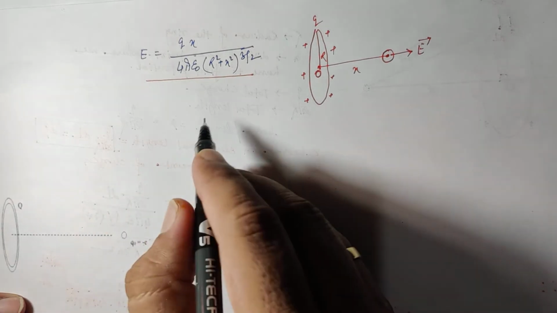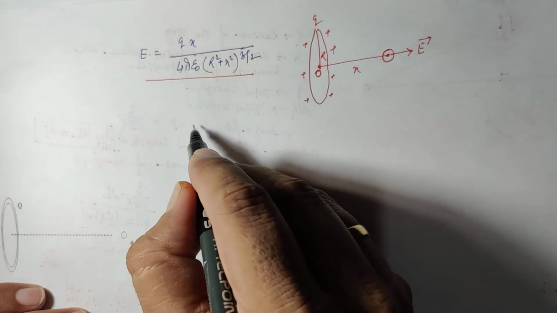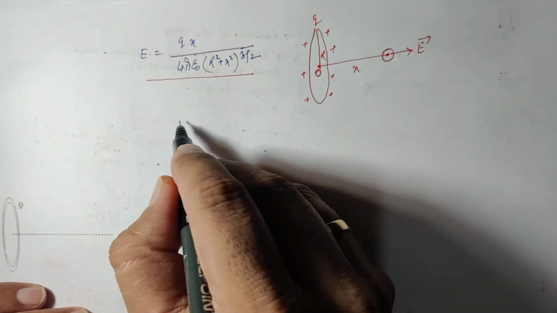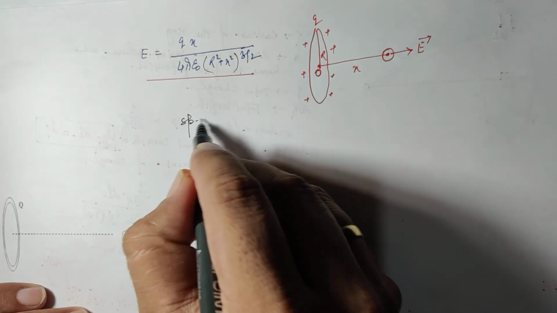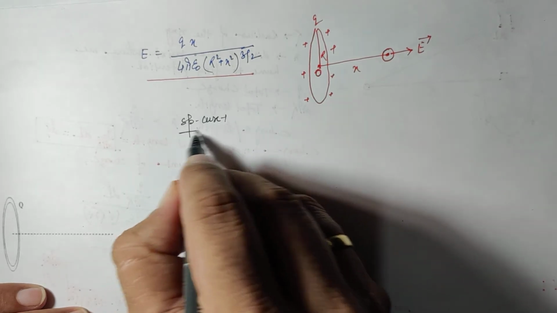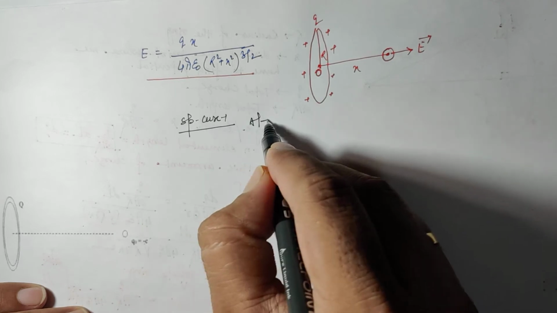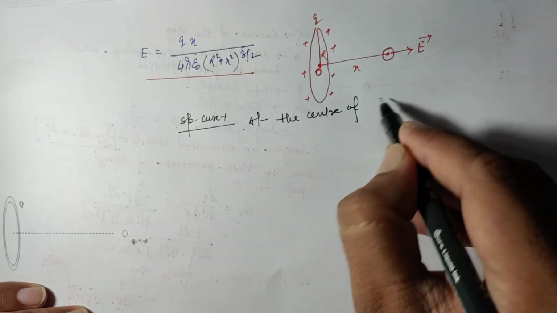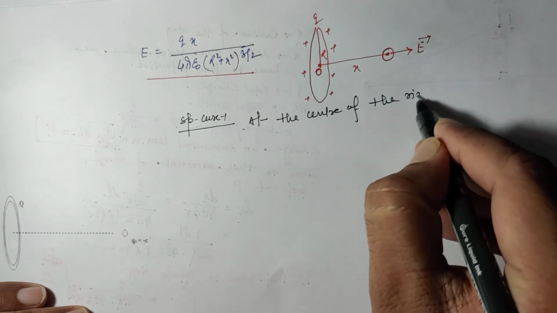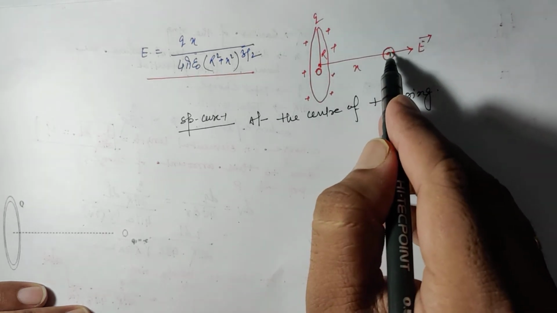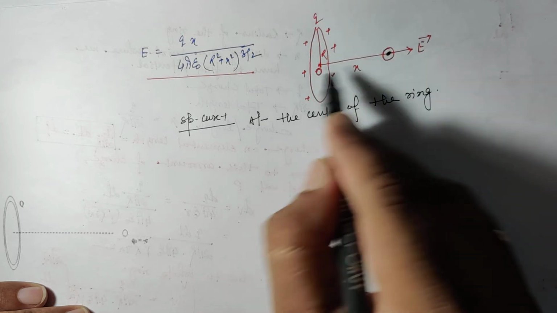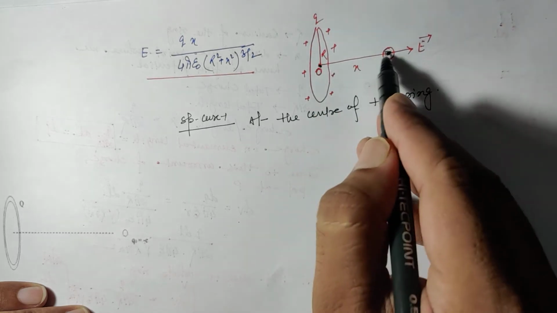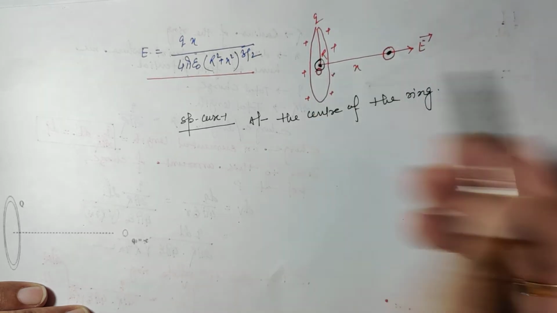Special case 1: at the center of the ring. If you move to the center of the ring, you are no more here, you are now at O. So if you move to O, the value of x will be 0.